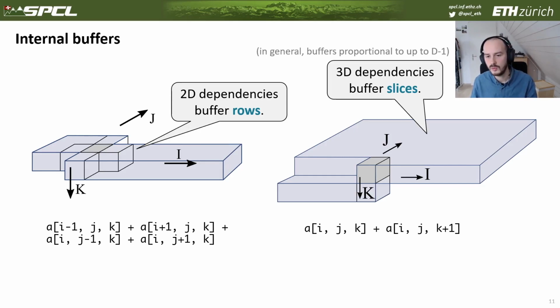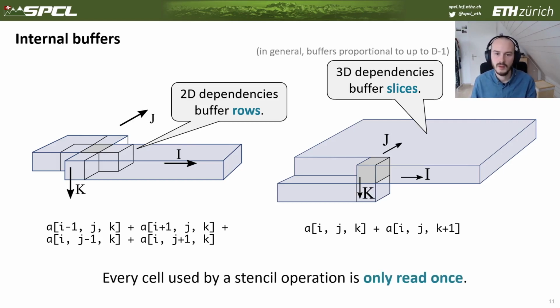And this would require us to buffer this whole 2-dimensional slice so that we can hold it in memory throughout all the time until we need it one k dimension later. If we do this, we gain this property that we want, which is that every cell that is used by a stencil operation is only read exactly once and then thrown away when it's not needed anymore, which essentially means that we gain perfect reuse in the program.